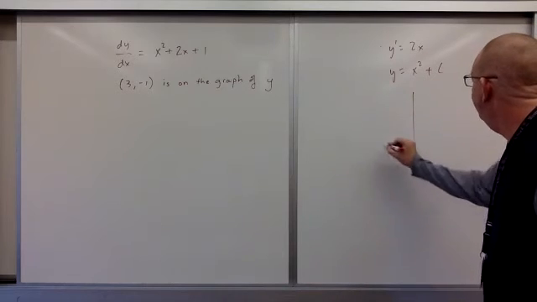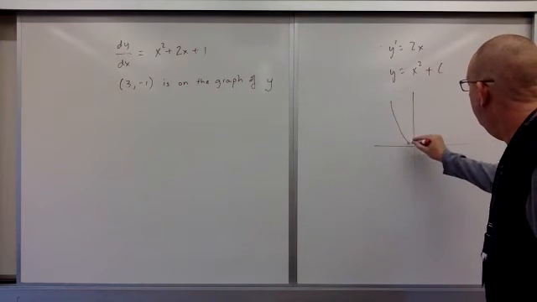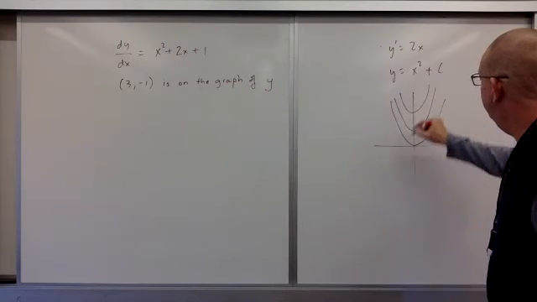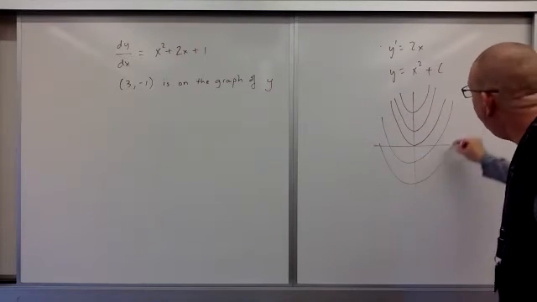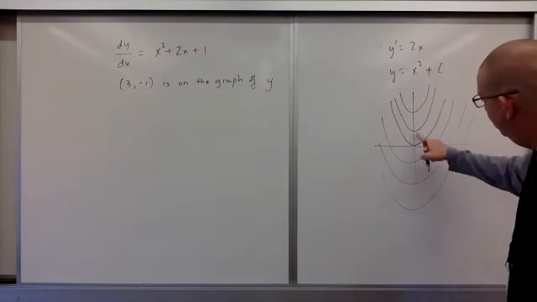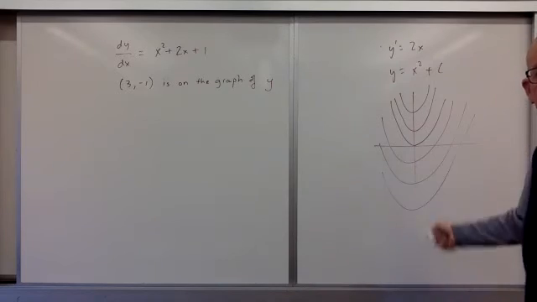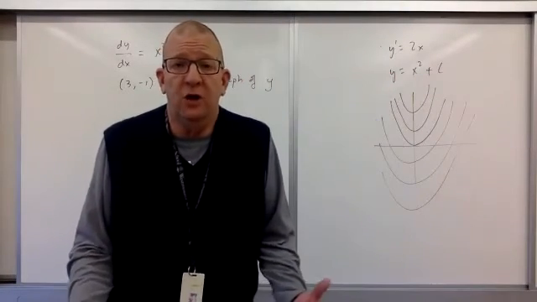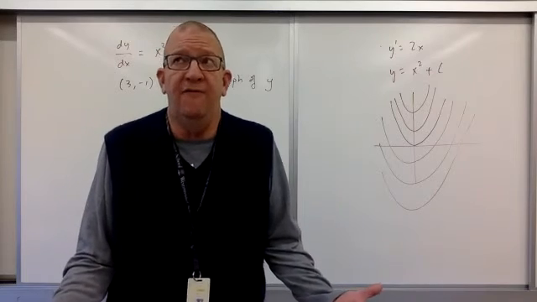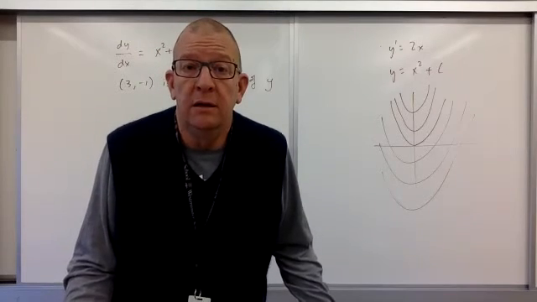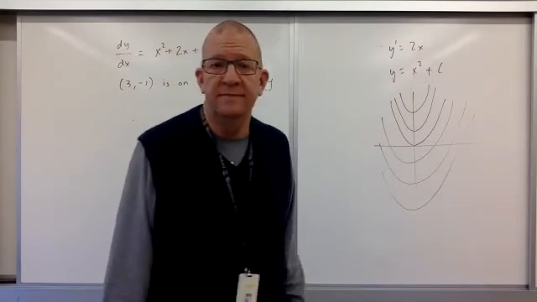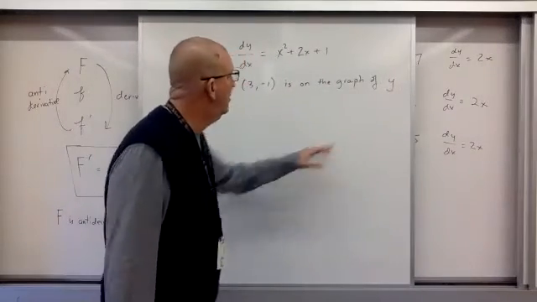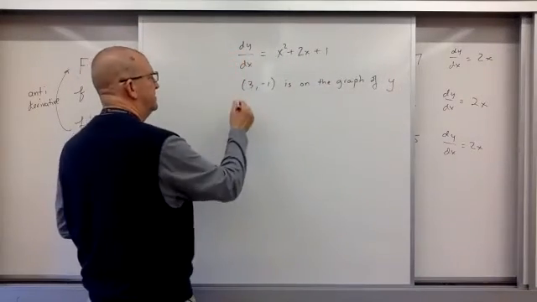So that means you've got x squared plus something, x squared plus something, x squared minus. All of these graphs, all those vertexes are at x equals 0, by the way. All those graphs have that same derivative, right? But if I told you that the point 2 comma 5, then you know it's x squared plus 1.